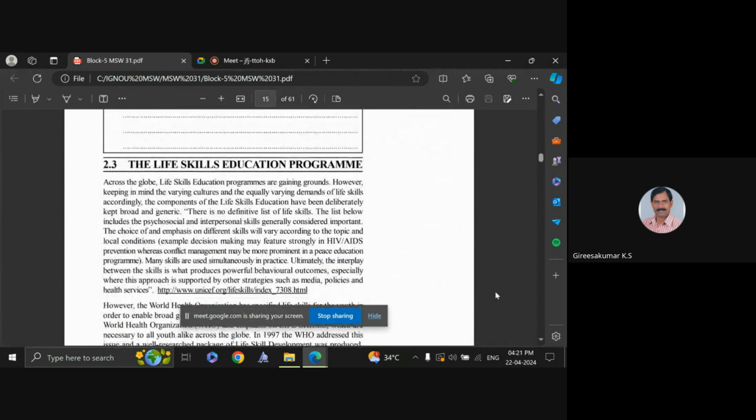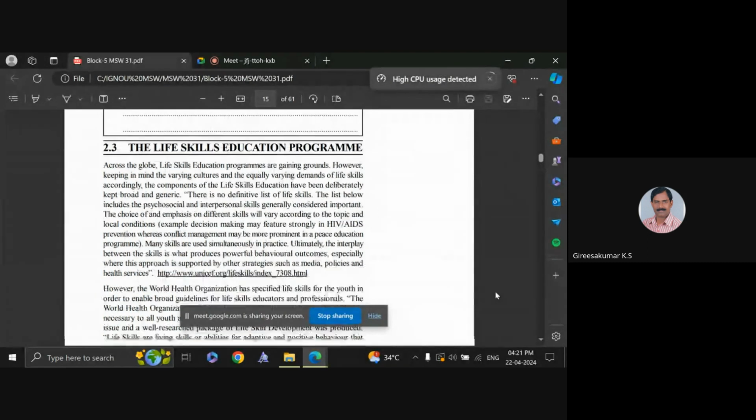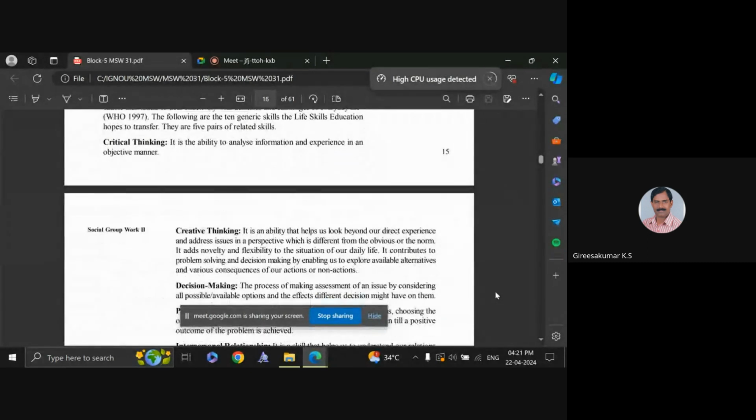Now, life skills and education program. That is critical thinking. Critical thinking is the ability to analyze information and experience in an objective manner.